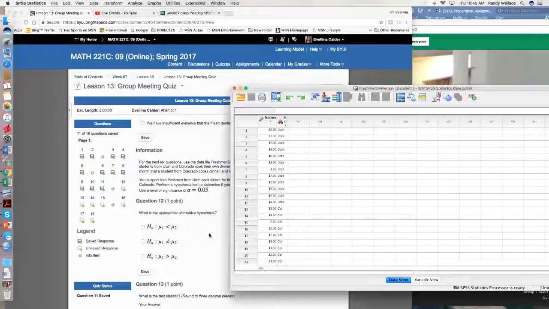Perform a hypothesis test to determine if your suspicion is correct. The null hypothesis is mean 1 equals mean 2. Use a level of significance of 0.05. What is the appropriate alternative hypothesis? Does not equal, right? Yes.